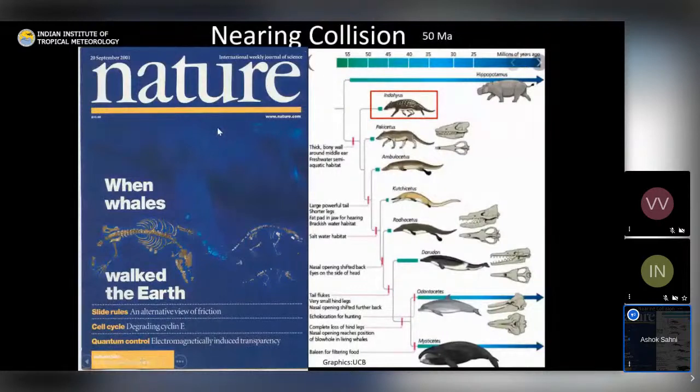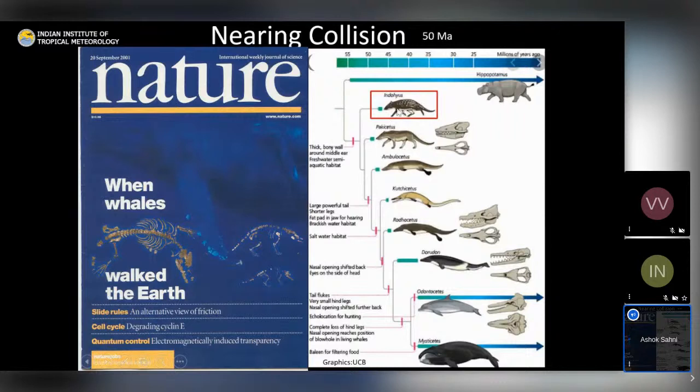And here I must say that India and Pakistan provide a glimpse of whale evolution. They are the homes where whales originated. And there are a number of papers in Nature and Science that actually highlight this, because the oldest record of whales anywhere in the world is from India and Pakistan.